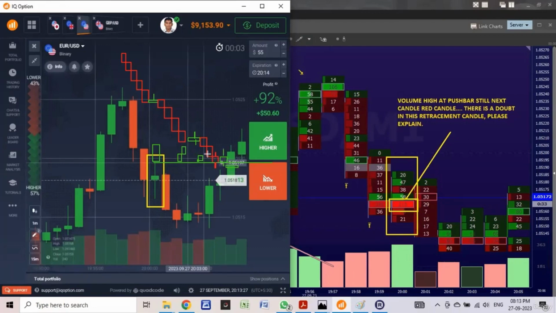That means sellers are almost finished. Sellers are very, very weak. Where are sellers very weak? Sellers are very weak at the buyers' area, a strong buyers' area. What type of area? This one, a very strong, extreme buyers' entry point area. From that area, buyers already entered the market and created a bullish pattern.